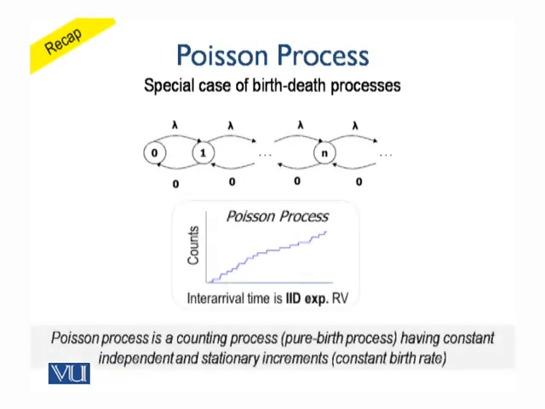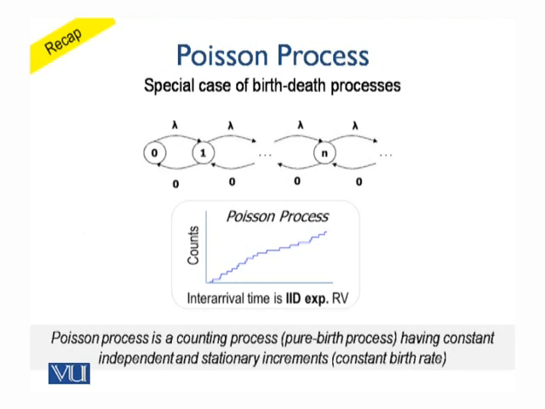This can also be represented as a counting process, as seen on the slide. You would see a staircase-like motion that always moves upwards. The inter-arrival time in a Poisson process is modeled by an exponential random variable. All the successive inter-arrival times can be thought of as having been taken from an exponential distribution of a constant rate.